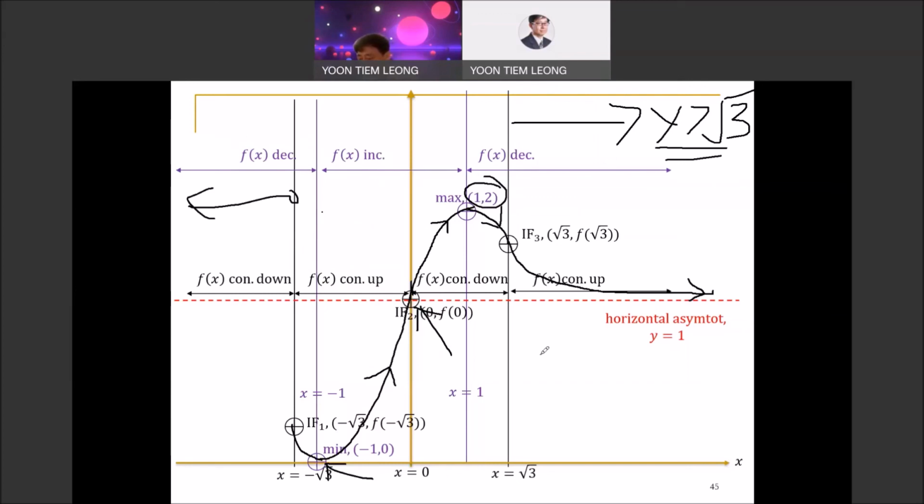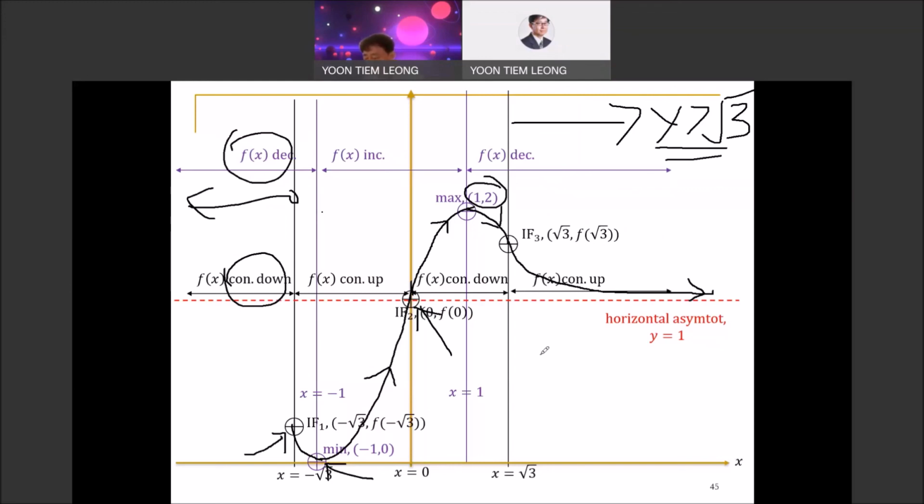Within this region, the function is decreasing and it has a downwards concavity, and the function must be coming in from the left and joined with the inflection point 1. So how do you draw a function to the left of inflection point 1 where it has a downwards concavity and it is decreasing?